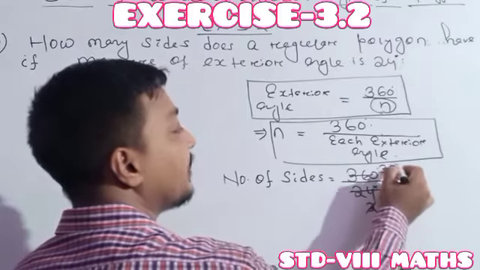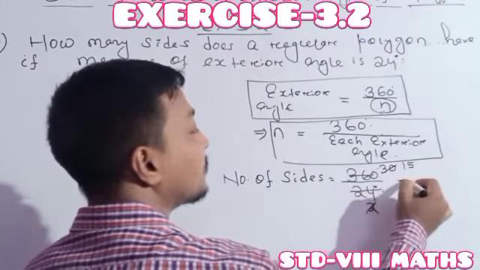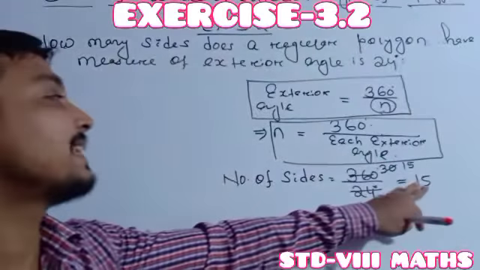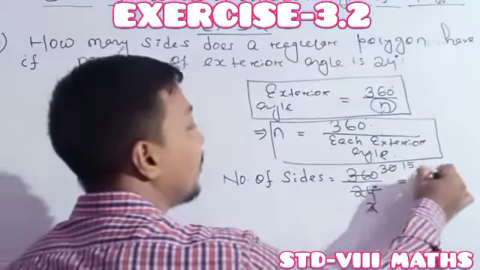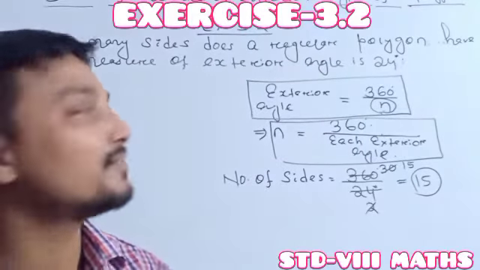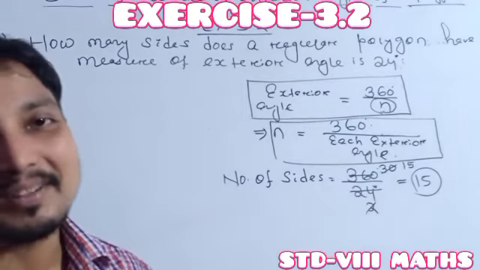Once again it cancels, which becomes 15. So the number of sides is 15. The degrees cancel, so it is 15 in number. Understood how to solve with this formula? Understood or not understood? Okay, now we will discuss the next question.